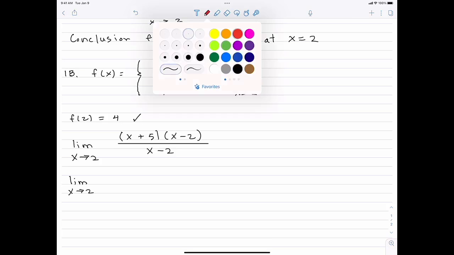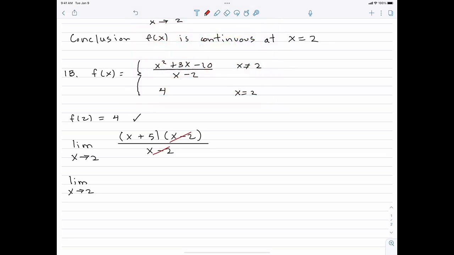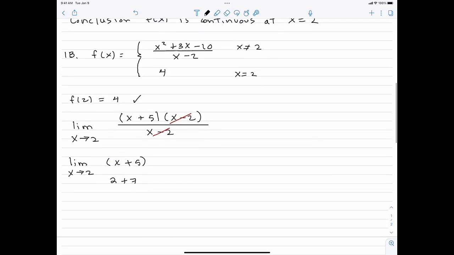So let's do that. There we go. So our simplified function is this, and when we evaluate it at 2, we get 2 plus 5, which is 7. So the limit of this function, if I wanted to make a conclusion, I wouldn't necessarily have to, but for you guys, I'll do it. I'll say the limit as x approaches 2 of f of x equals 7. That would be my conclusion.